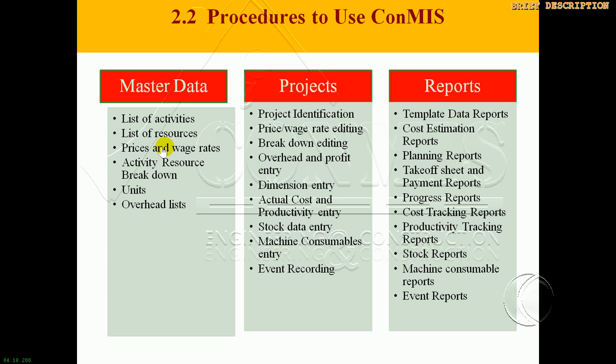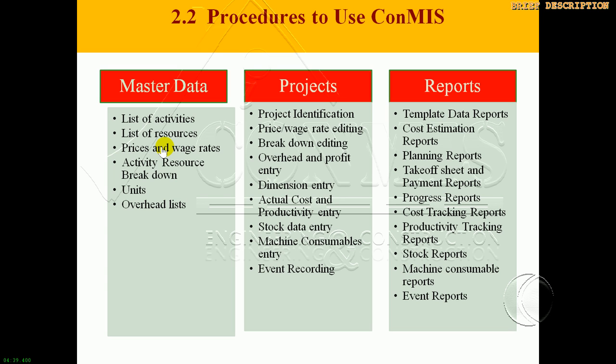This template data has been populated by ConMIS Engineering. There is the default data. You can use this default data, and then to process your business, you can just jump to the project phase.